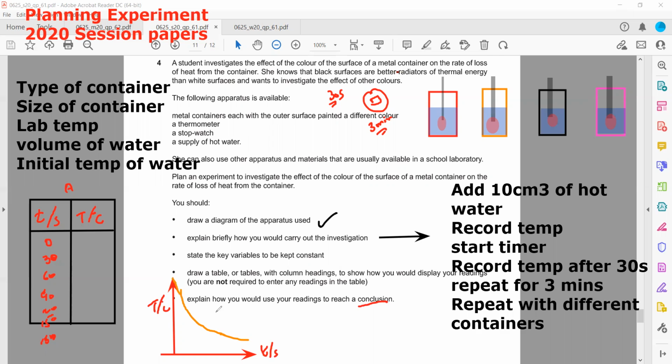Then how will you identify the rate of cooling, how do you reach the conclusion? We'll plot a graph of temperature on the y-axis and time on the x-axis, and we'll check the slope, because the slope represents the rate of cooling. The one which has a steeper slope cools down faster, or has a faster rate of cooling.